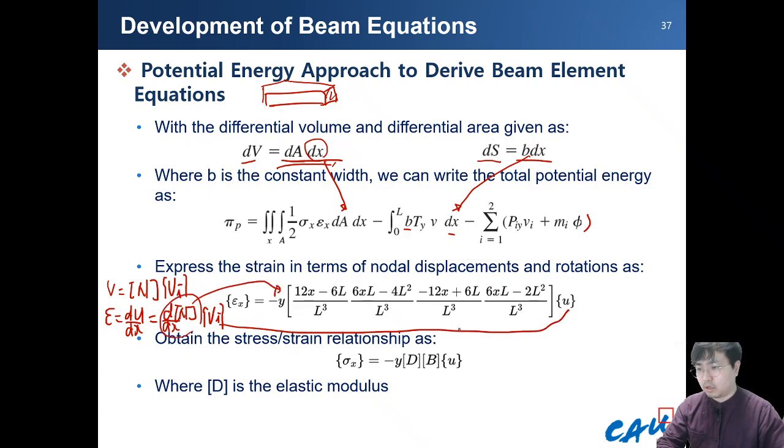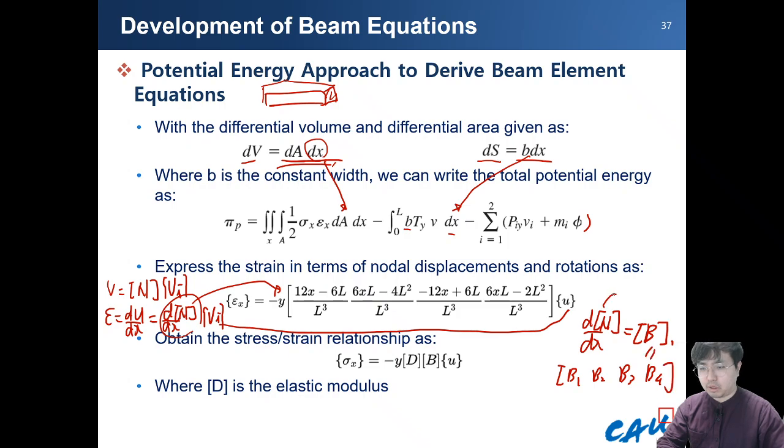So how can you say that the derivative of the shape function is equal to the B matrices? B matrices here are B1, B2, B3 and B4.